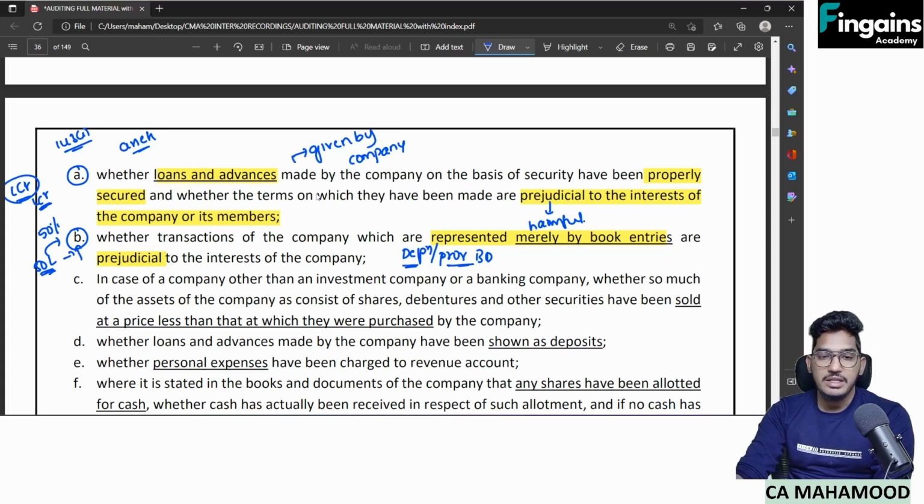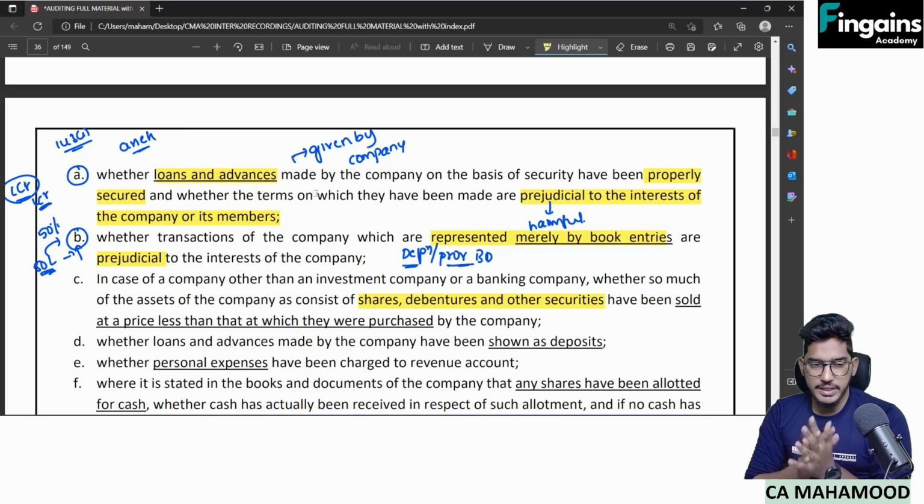Next one. In the case of a company other than an investment company or a banking company, whether so much of the assets of the company as consisting of shares, debentures, and other securities have been sold at a price less than that at which they were purchased by the company. Terminology-wise, they are making it complicated, but let me try to put it in a simple manner.